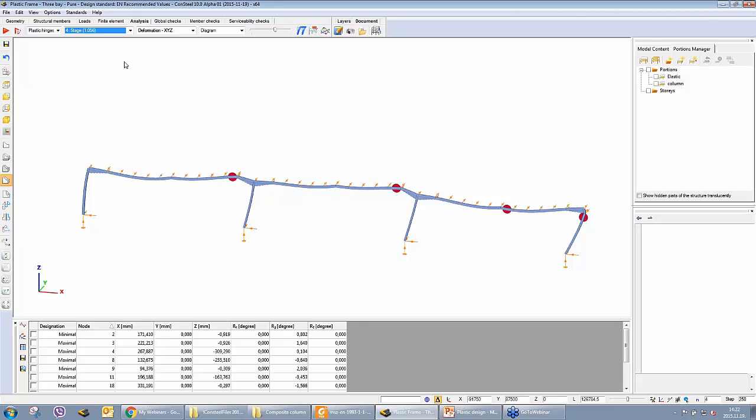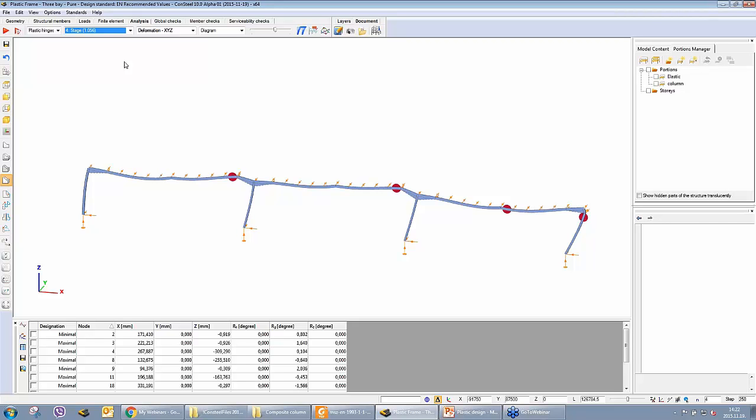The reason is the second order behavior, which is now taken into account. In first order analysis, between the plastic hinges, only first order elastic incremental calculations are done, including the hinge effect.